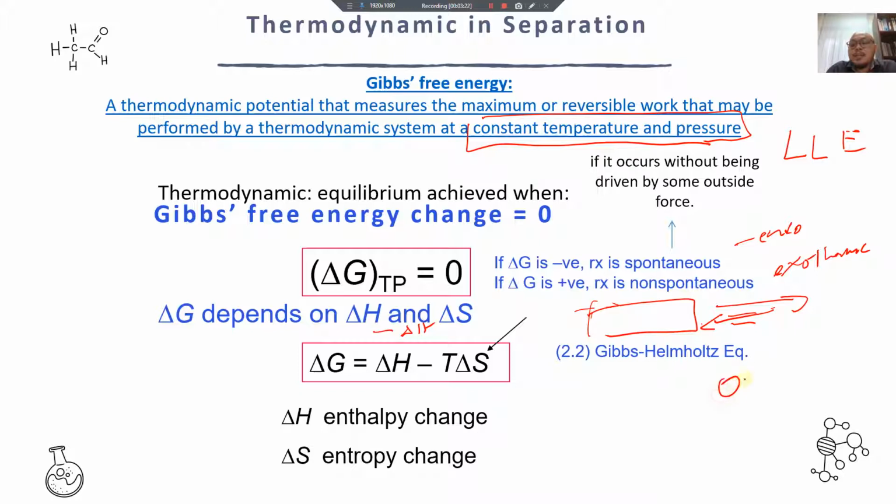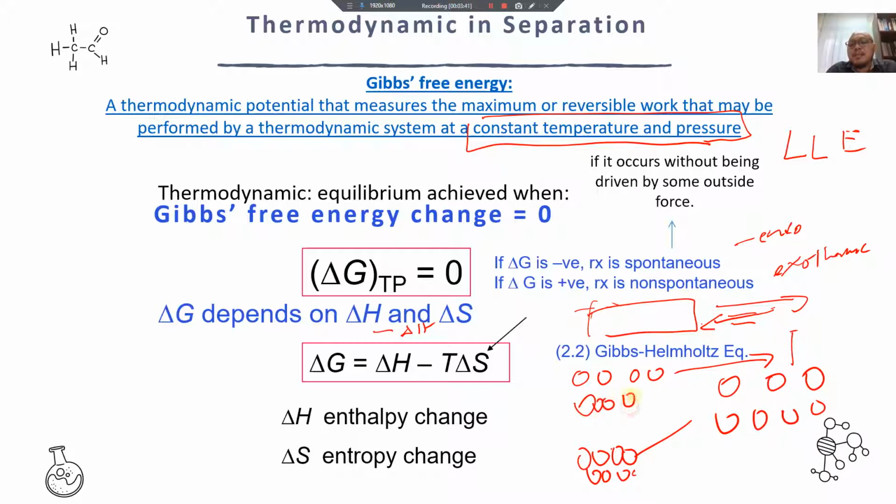Maksudnya daripada gas, dia jadi liquid, jadi solid. Ataupun you dah banyak partikel between phases ni, tiba-tiba je dia tak nak pergi ke another phase, dia berkumpul kat sini, dia makin rapat. Okay, instead of dia pergi to another phase, dia makin rapat.